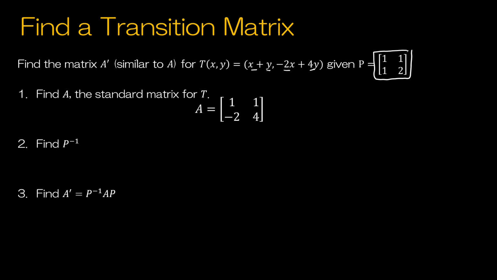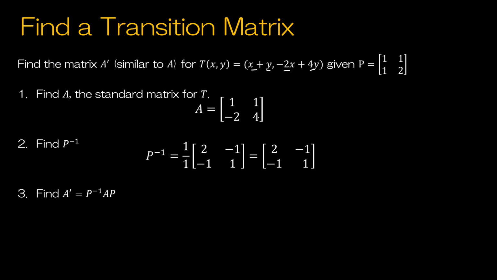We're going to find P inverse. I can just use the normal inverse of a 2 by 2 matrix. So 2 minus 1 gives me a determinant of 1, so it's invertible. So it's going to be 1 divided by 1. I'm going to swap the locations of 1 and 2 and change the sign of the 1 and 1 to -1, -1.